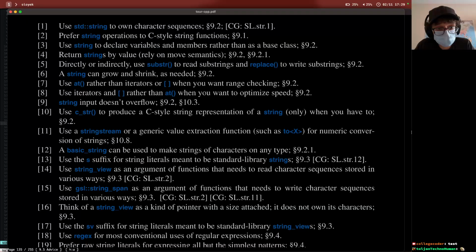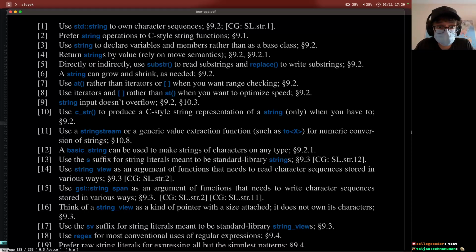So, use string to declare variables and members rather than as a base class. Sure. Return strings by value. Rely on move semantics, so copy elision. Directly or indirectly use substr to read substrings and replace to write substrings. Sure.